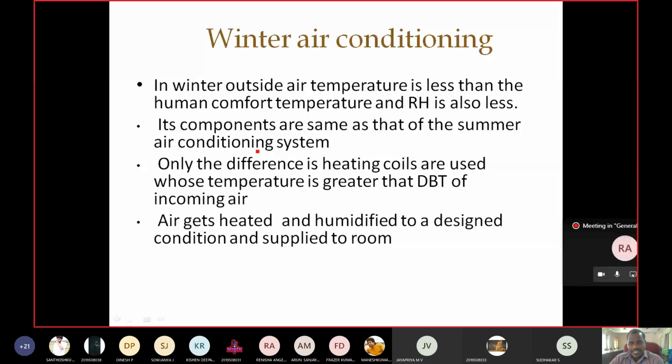Only the difference is heating coils, whereas in the case of summer, we use cooling coils. Heating coils are used whose temperature is greater than the dew point temperature of incoming air. So air gets heated and humidified to a designed condition and supplied to the room.